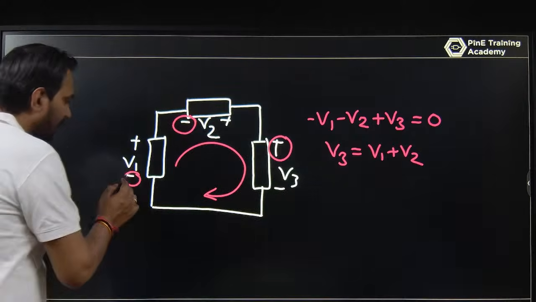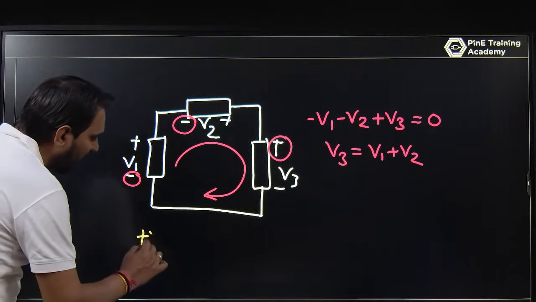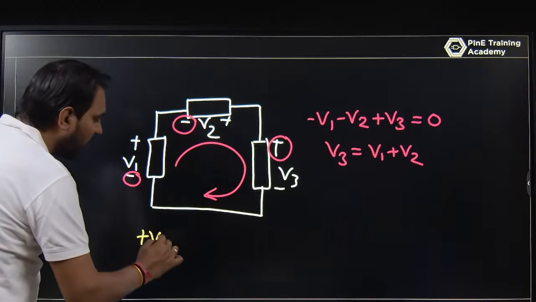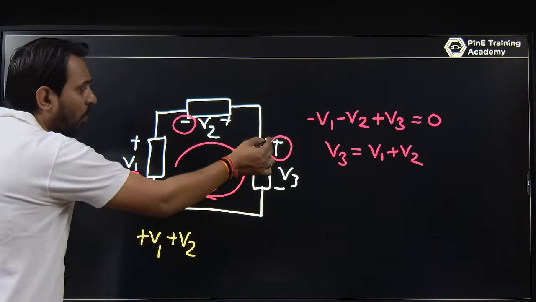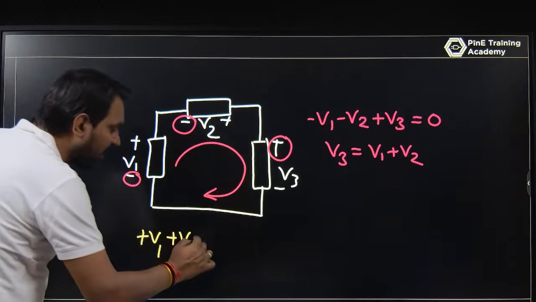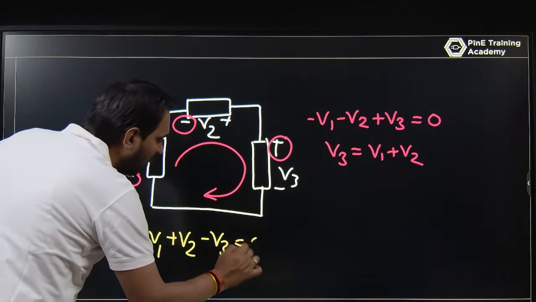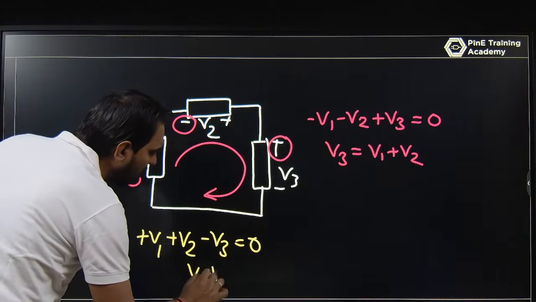If you prefer, negative to positive is plus V1, negative to positive is plus V2, positive to negative, the potential decreases, that is minus V3, equal to 0. This is also V1 plus V2 equals V3.